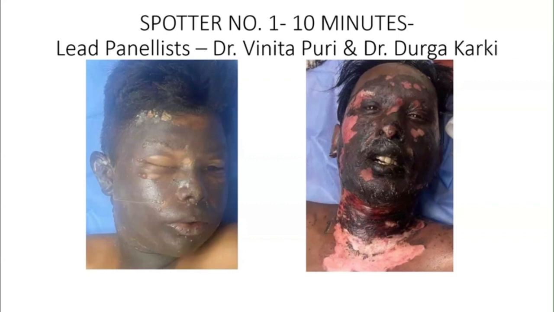I'm asking, is there something important in the history you would like to ask the patient attendant for these types of patients? Ma'am, we'd like to find out what was the cause of the burn, ma'am, and for how long the contact with the agent has been. Cause means something more specific.